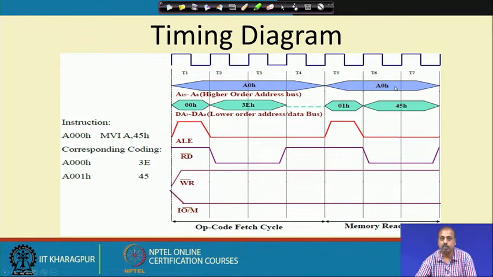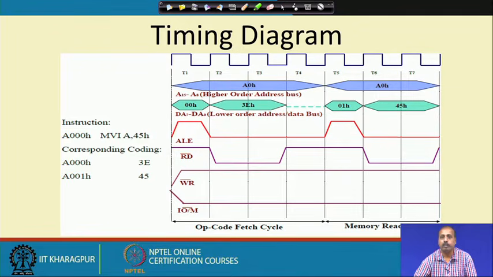One interesting thing to note is that this fetch and this memory read are similar. Both of them are doing some sort of memory read operation, but the opcode fetch cycle takes one T state more than the memory read. This is most probably due to the decoding operation that the processor has to do after getting the opcode part.